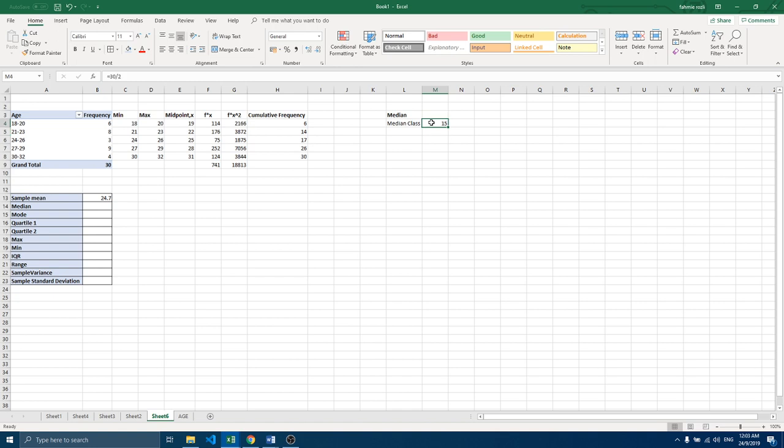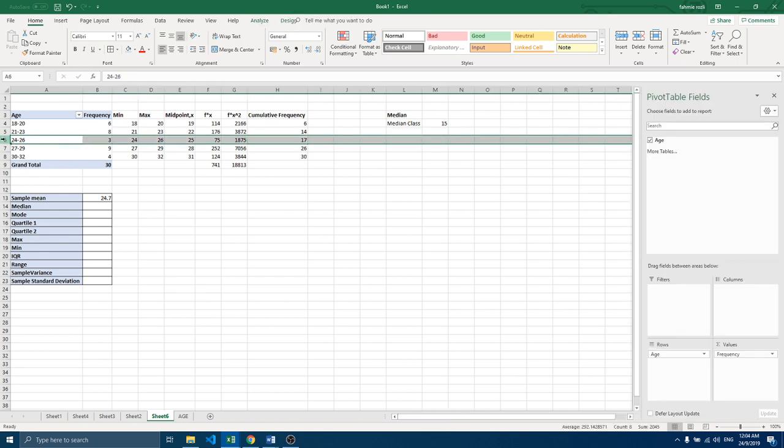Alright. So you have to go to the cumulative frequency and find the first number that is higher than your median class number, which is 15. So if you look at this, it is 14. 14 is still below 15, and then next is 17. So 17 is greater than 15.